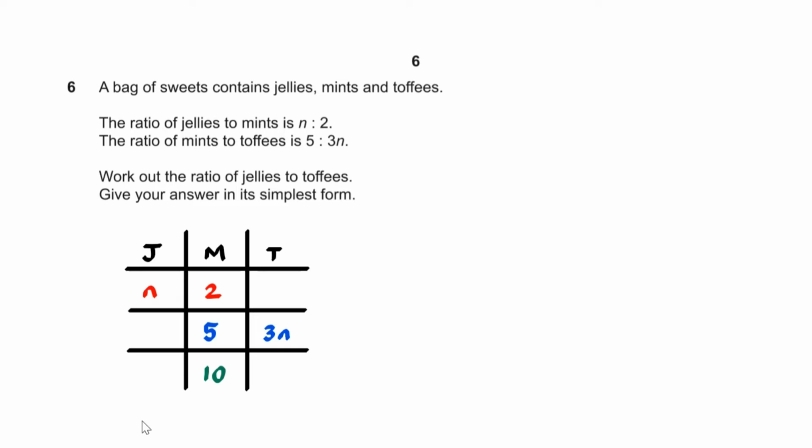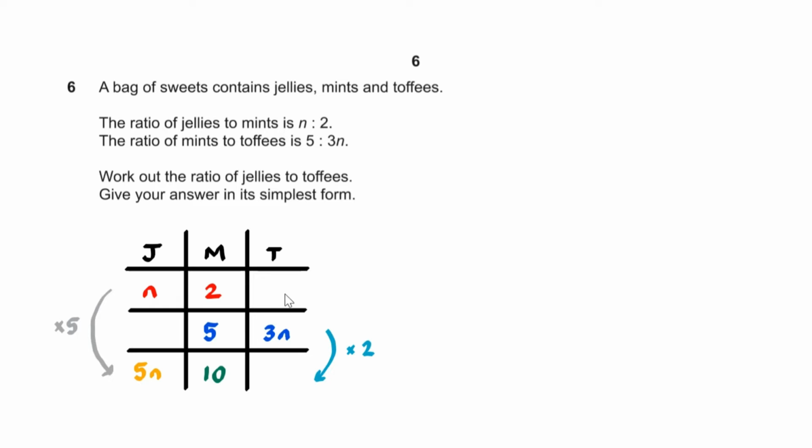So we want a 10 over here. Now, what do I multiply 2 by to get 10? Well, I multiply 2 by 5 to get 10, and I multiply 5 by 2 to get 10. So if I do n multiplied by 5, I have 5n.